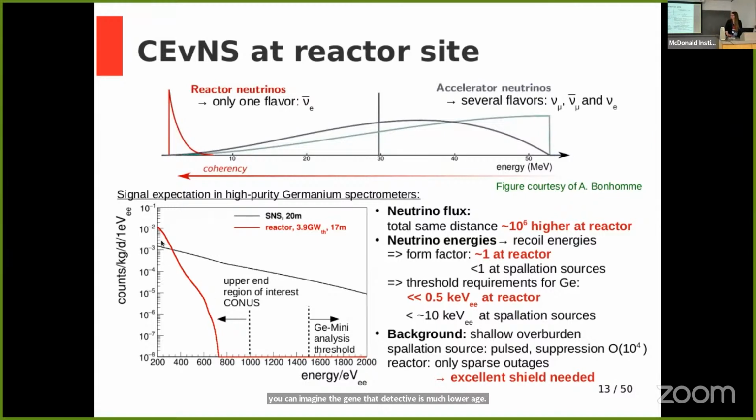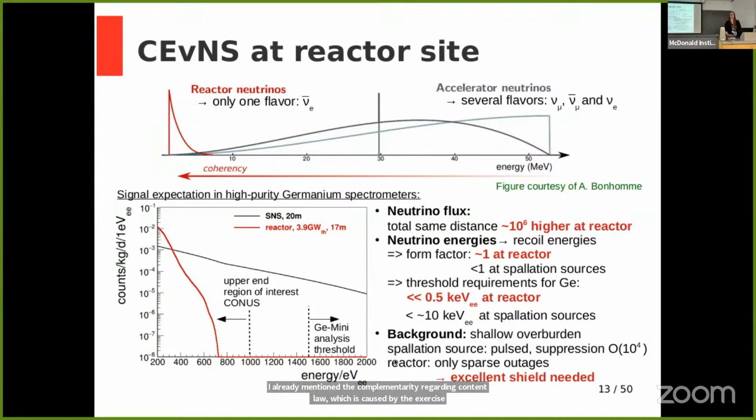However, once you have this, for similar distances to the source, at a commercial power plant at least, you expect many more neutrinos down here. So I think it's still very interesting to try to detect CEvNS at the reactor site, because this can really result in a precision test of the standard model. Then I already mentioned the complementarity regarding the form factor, which is close to 1 at the reactor site. And then last but not least, there's the background suppression.